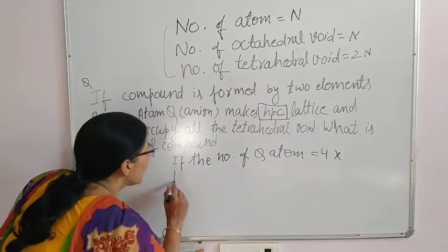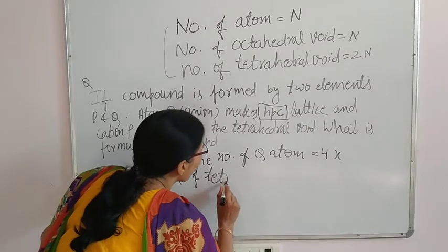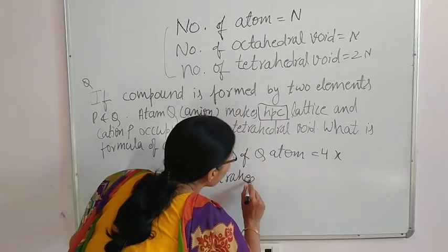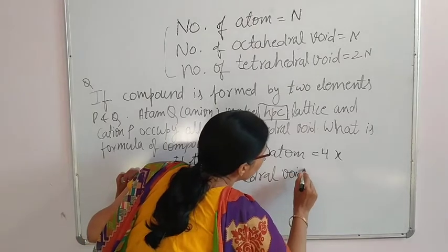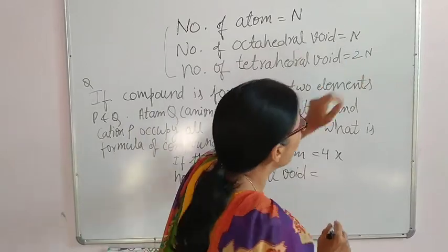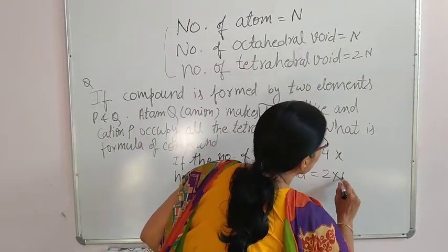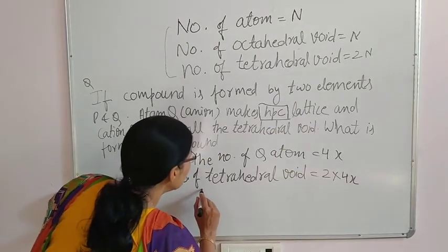Then the number of tetrahedral voids: if the atoms are 4x, the number of tetrahedral voids will be double, meaning 2 into 4x.